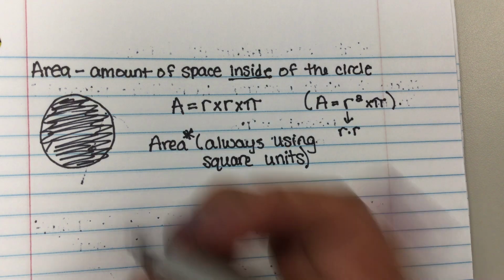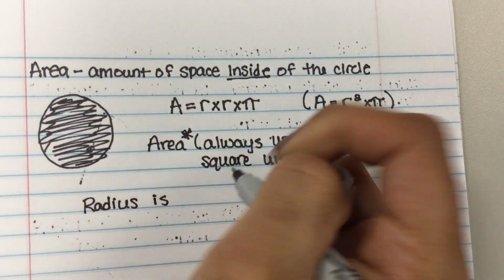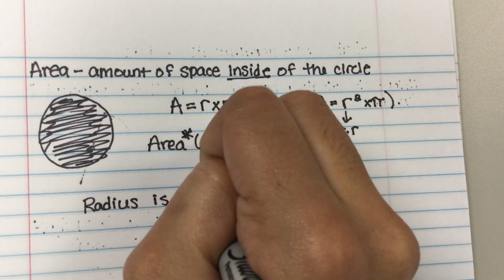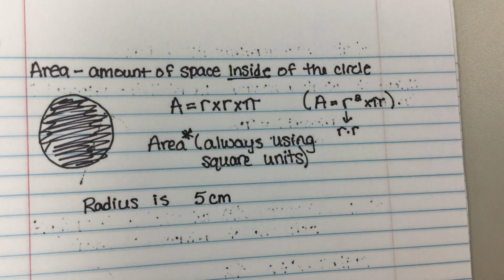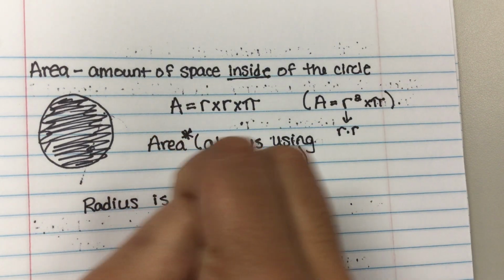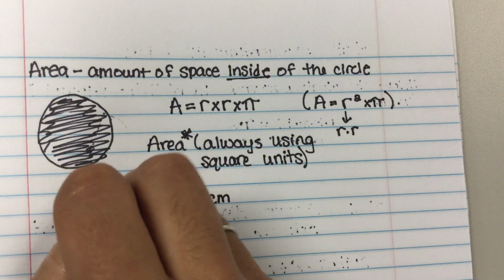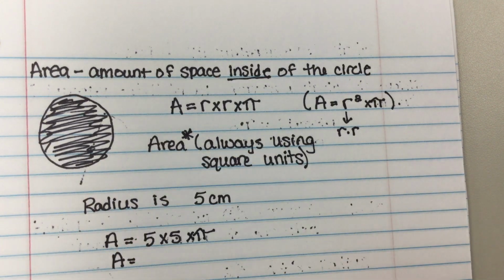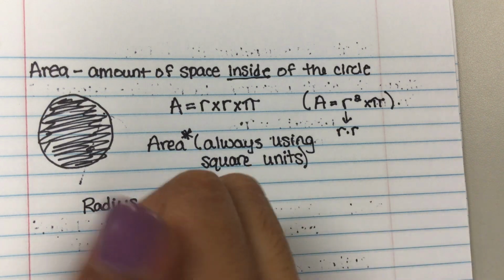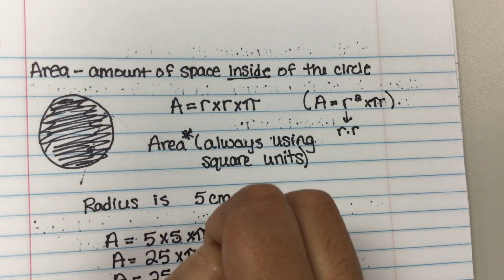Let's say your radius is 5 centimeters. In order to find area, we would multiply 5 times 5 times pi, and so this will give you A equals 25 times pi, and then I said you could use 3.14, so 25 times 3.14.